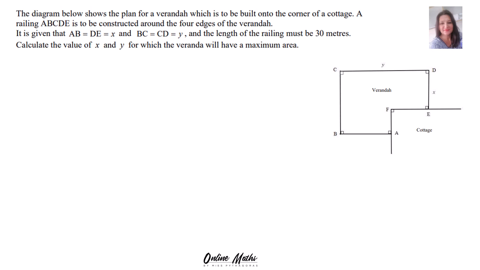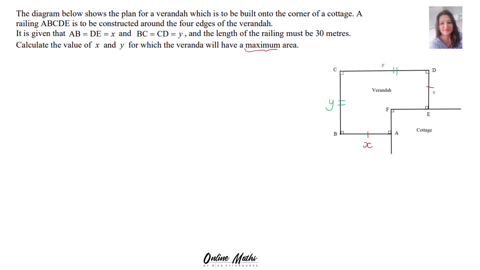It is given that, and have a look at the sketch now, AB is equal to DE is equal to X. And furthermore, BC is equal to CD is equal to Y. And the length of the railing must be 30 meters. Calculate the value of X and Y for which the veranda will have a maximum area.